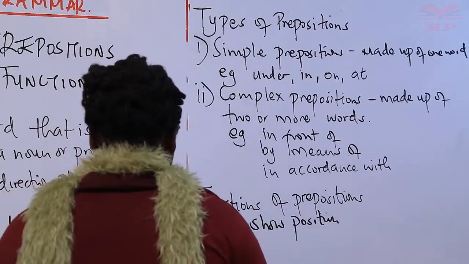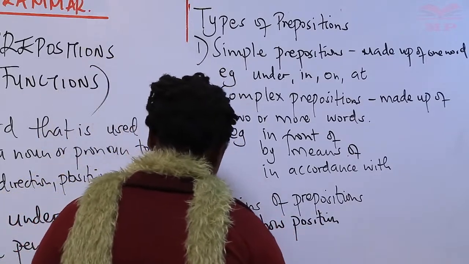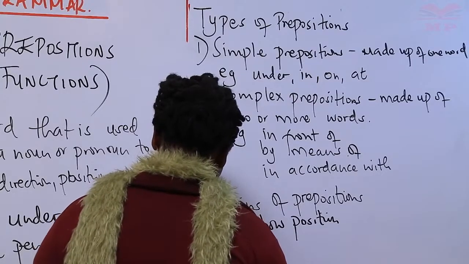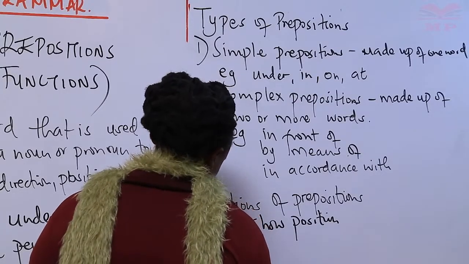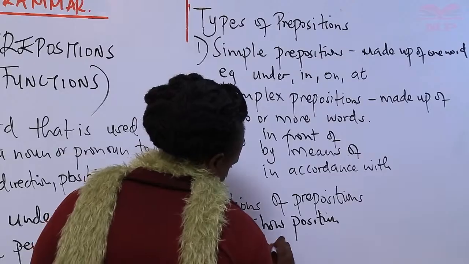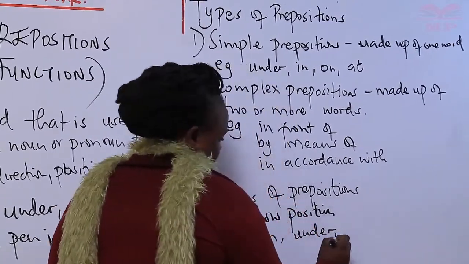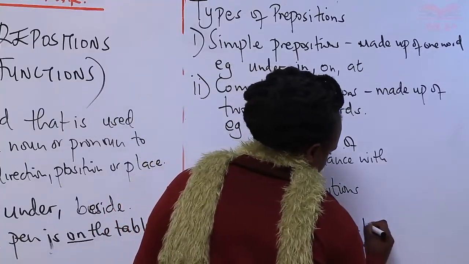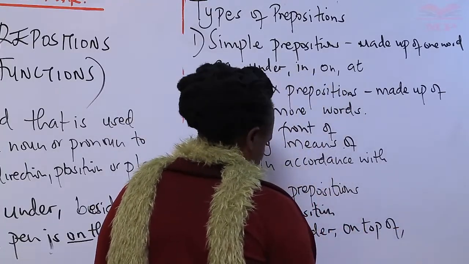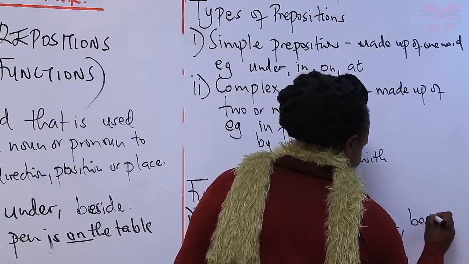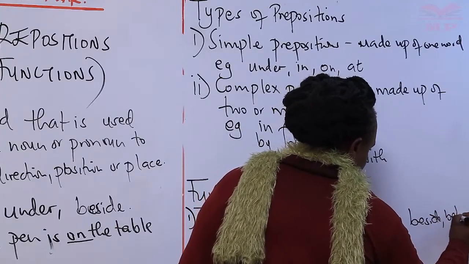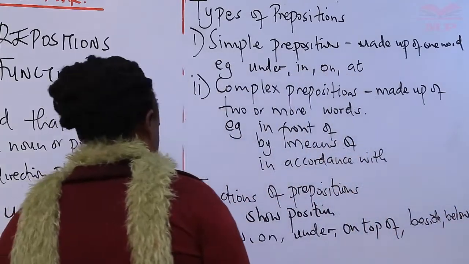Okay, they show position. They include, for example, below, on, under, on top of, beside, below, okay, and many more.